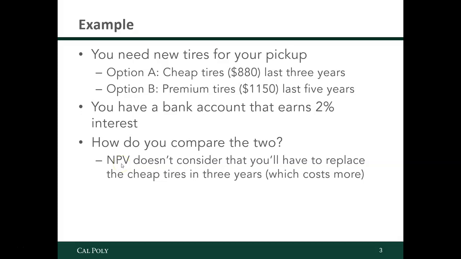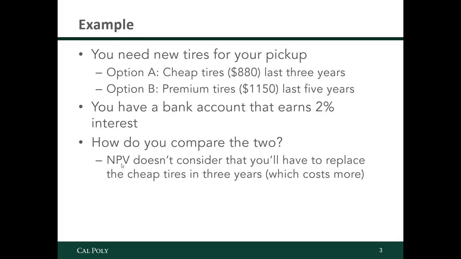And so you're going to have to keep on replacing them. So one way you could approach this is you could say, all right, I'm going to break this up into a time period of 15 years. And over that 15 years, I'm going to have to buy the cheap tires 5 times, and I'll have to buy the premium tires 3 times. And so then they have the same time period, right?